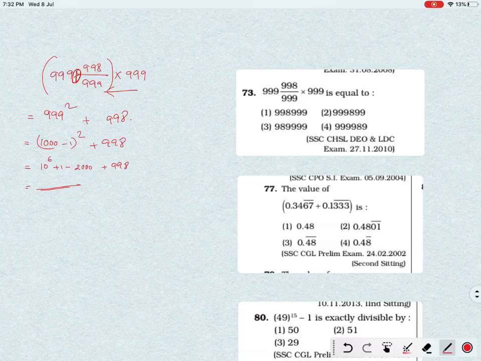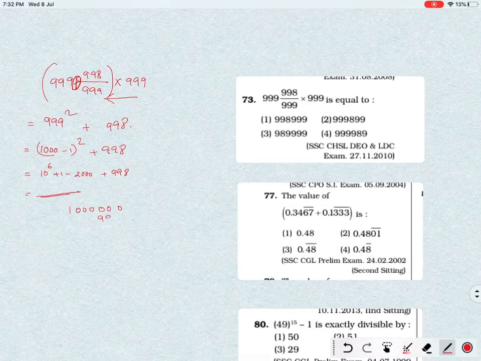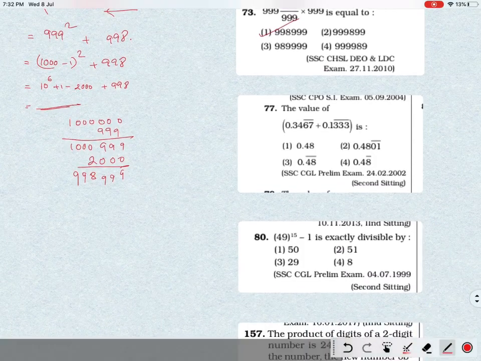Upon solving this, we'll get 1,000,001 plus 998, so 1,000,999 minus 2000, so 998,999. So option number, which one? 998,999 is correct.